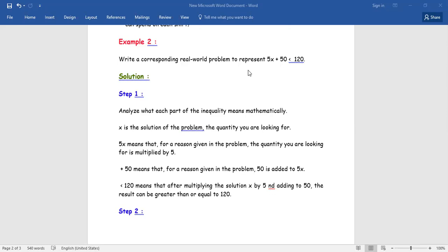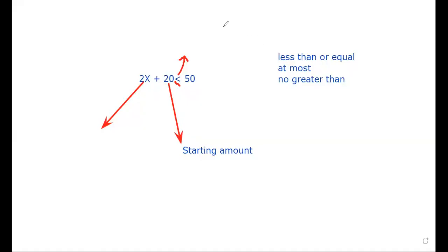I will write it here. We want a story, okay? We want a verbal description of this inequality.